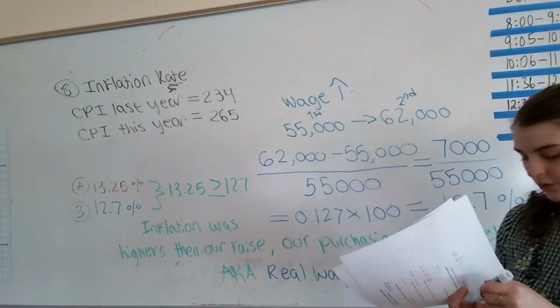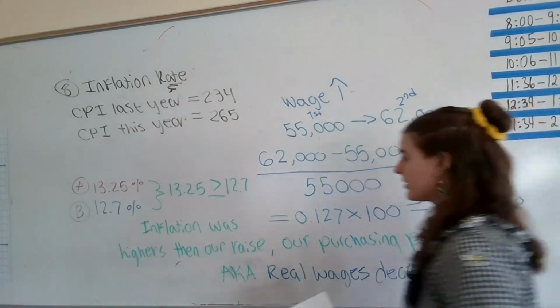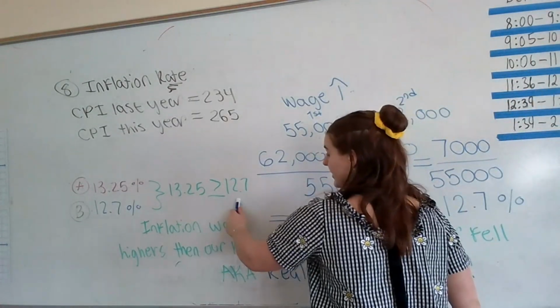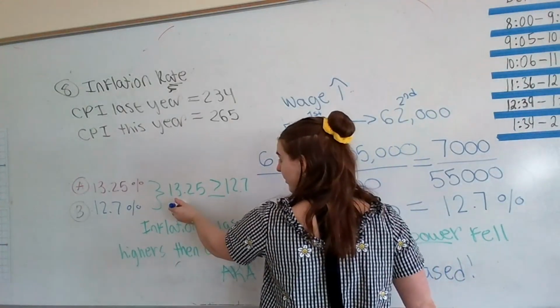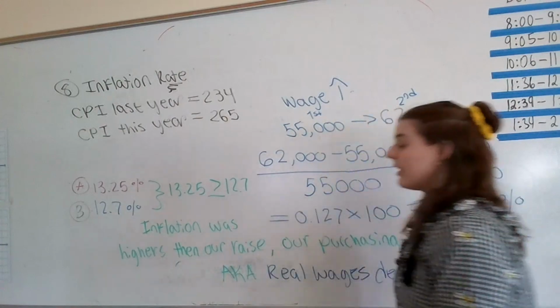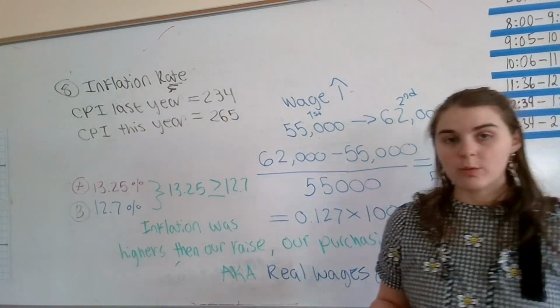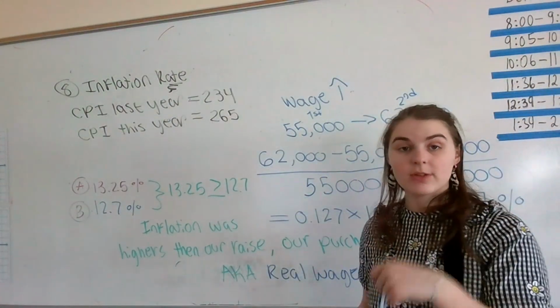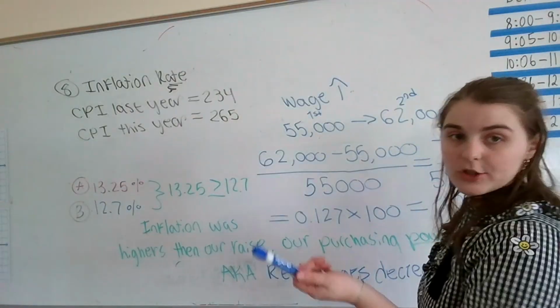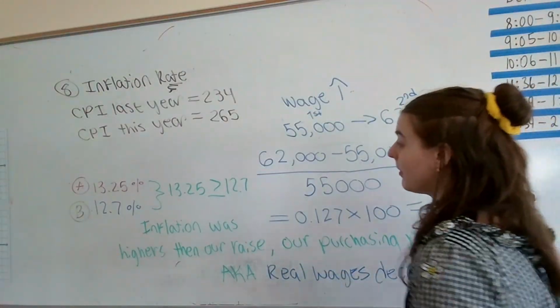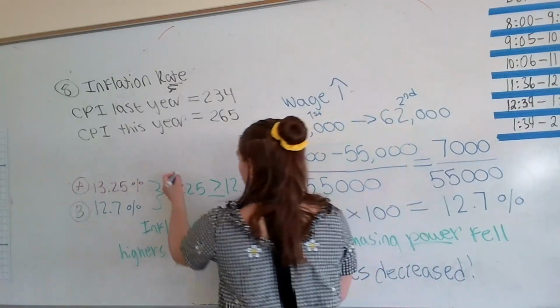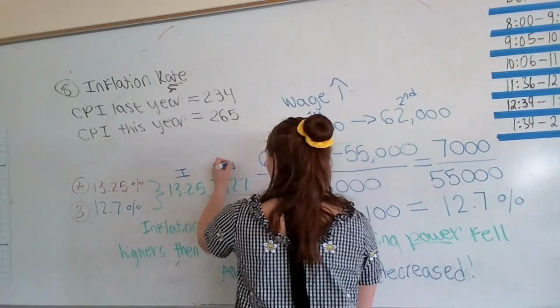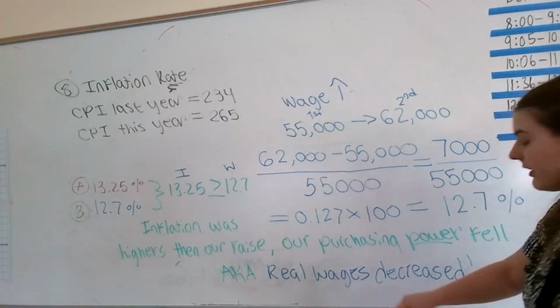If we had a situation that was opposite, so if our inflation rate was 12.7 and our wage increased by 13.25%, that would be the opposite situation, right? We would have an increase in wages that was higher than inflation, and our purchasing power would have increased. But because inflation was higher than our wage, our real wages decreased.